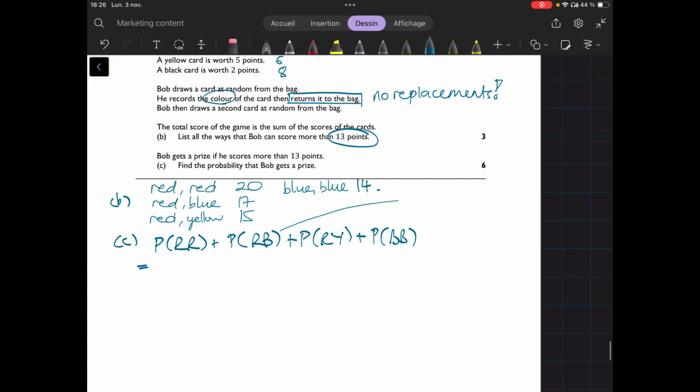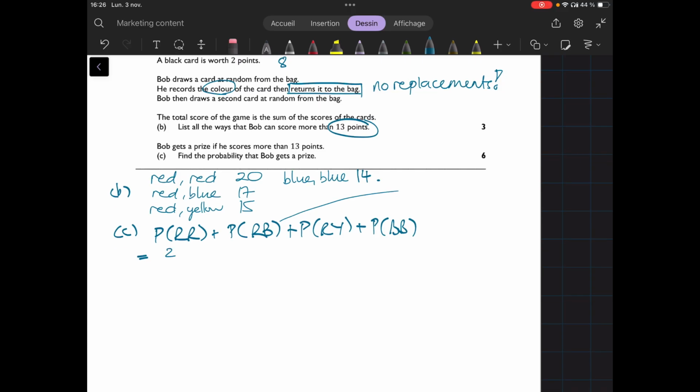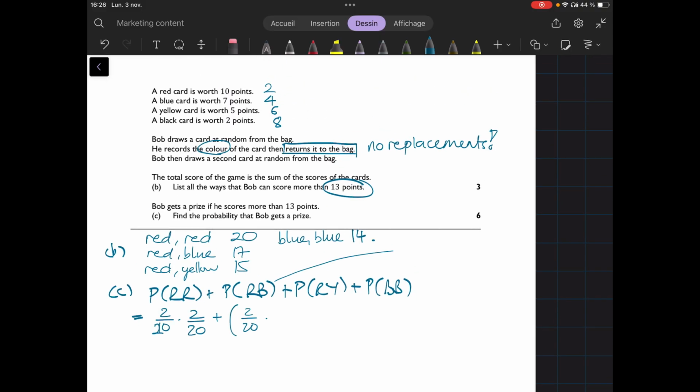P red red. The first card is red. The second card is red. Red blue. It's either the first card is red and the second card is blue. Remember, there's no replacement. Or the first card is blue and the second card is red.